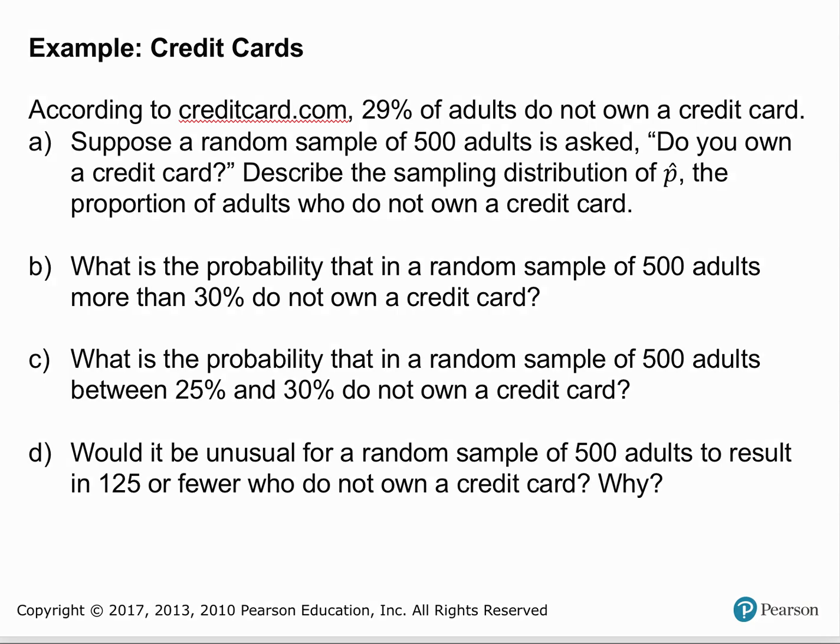All right, so to describe it, first I need to know if it's normal or not. All right, so 500 adults. Do you think that's less than 5% of adults that do not own a credit card? Okay, I'm going to have to assume that it is.